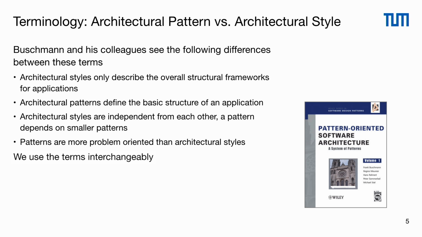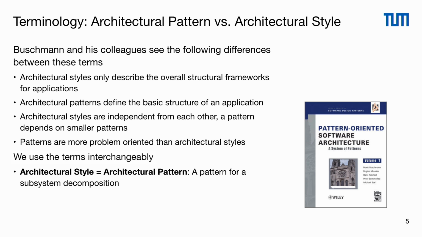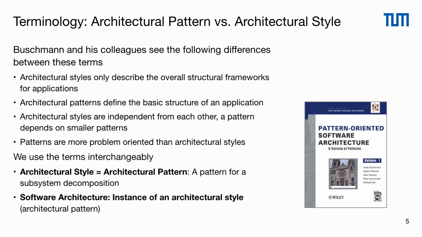Patterns are more problem-oriented than architectural styles. For our course, we use both terms, architectural pattern and architectural style, interchangeably. So our definition is that it's basically a pattern for the subsystem decomposition during system design. The term software architecture for us is an instance of an architectural style or an architectural pattern.